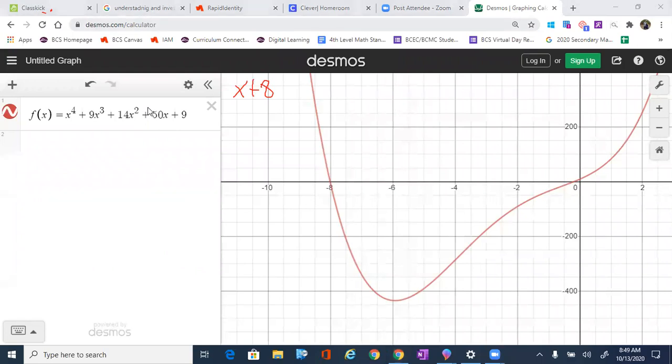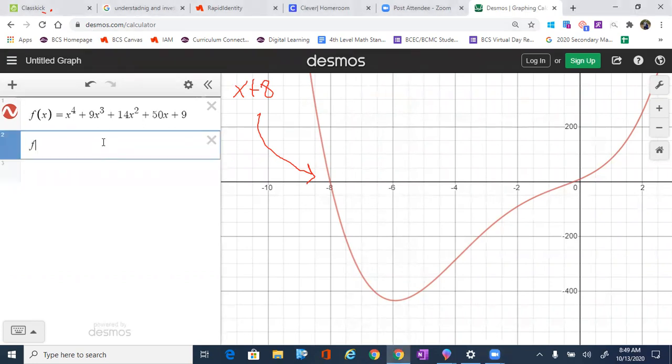And remember that x plus 8 is showing right there, but it looks like it's crossing the x-axis right there, okay? So it looks like it could be a factor. Well, let's go ahead and take a peek. I'm going to put f of -8 in there, which is the opposite, and check it out. There's my value of -7.